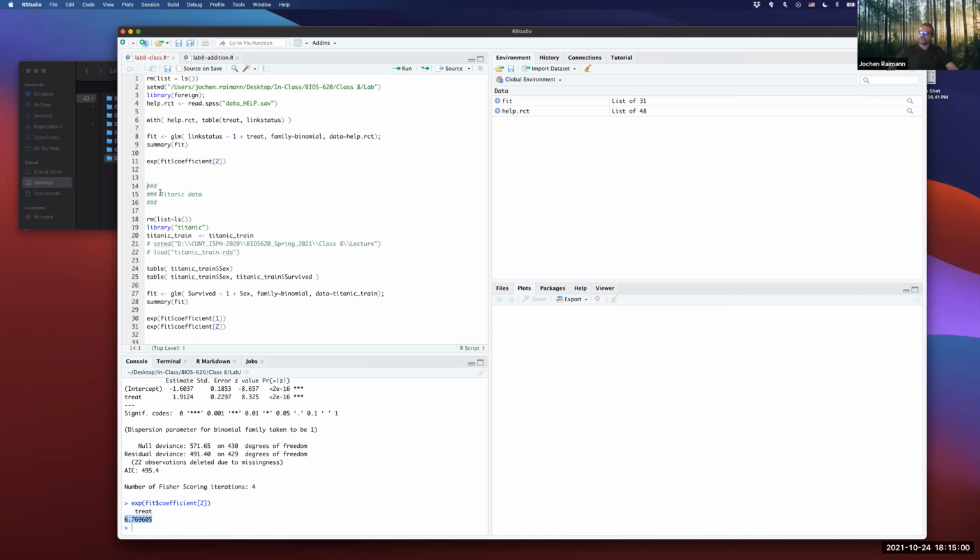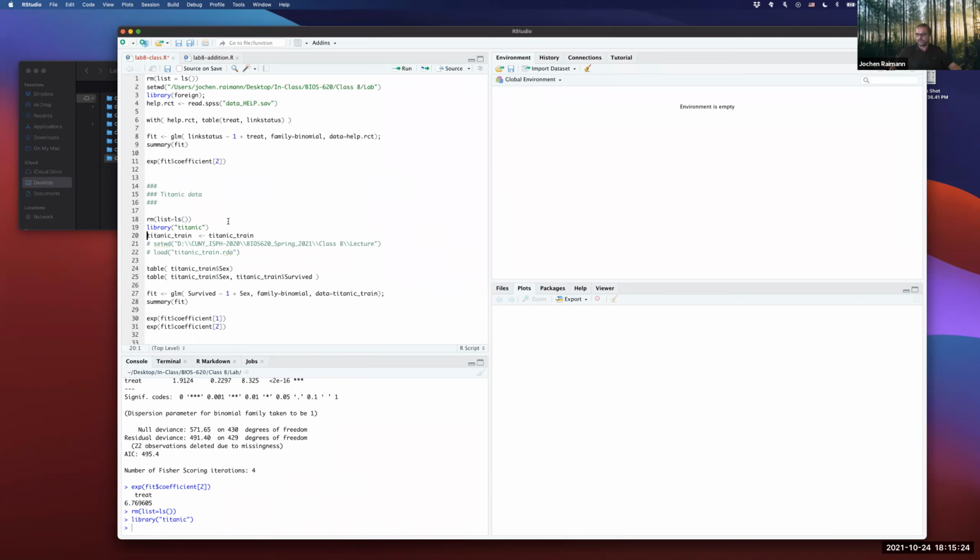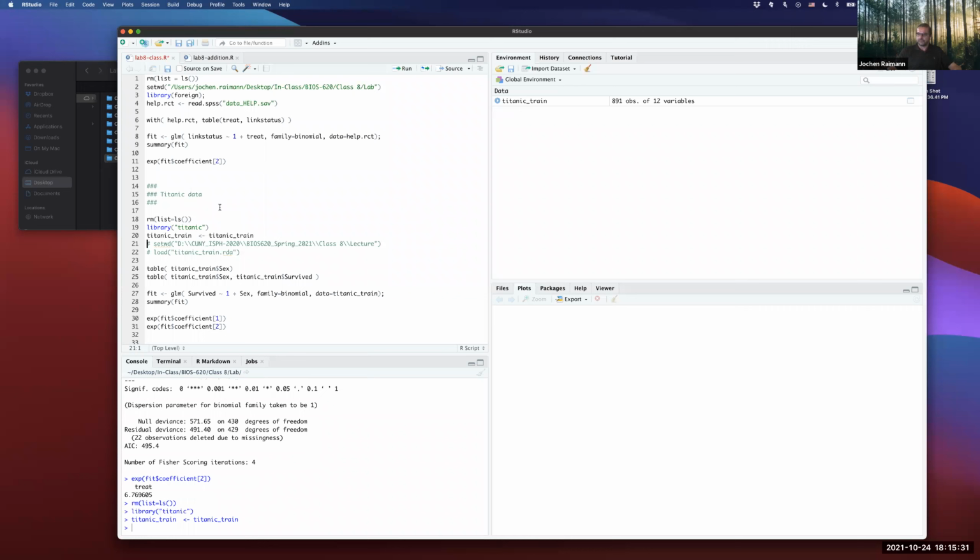So now we have the Titanic data. R is full of these data sets, and these are really super useful. This is a fantastic possibility to test various models and packages. If you load library(titanic), and you may have to install it, you can load titanic_train into your environment.